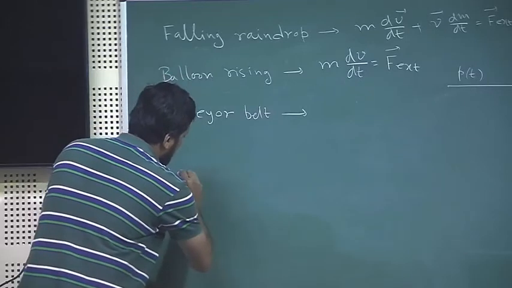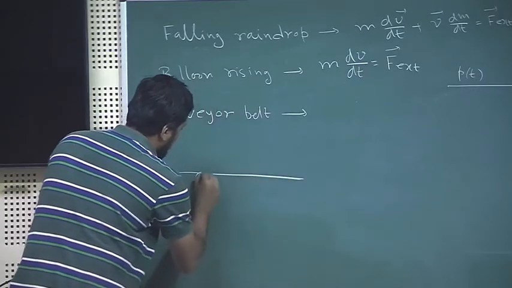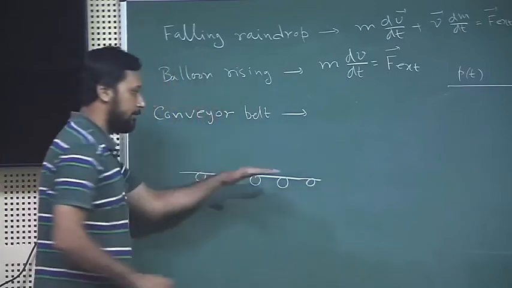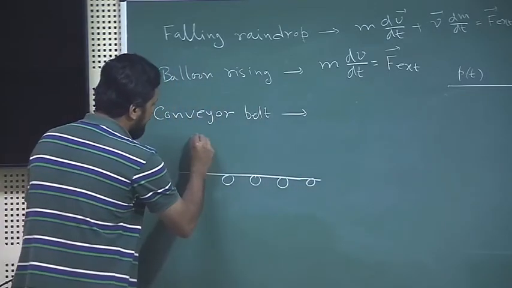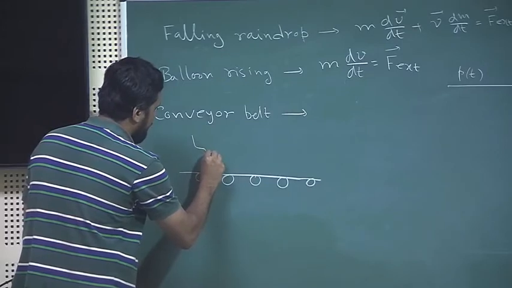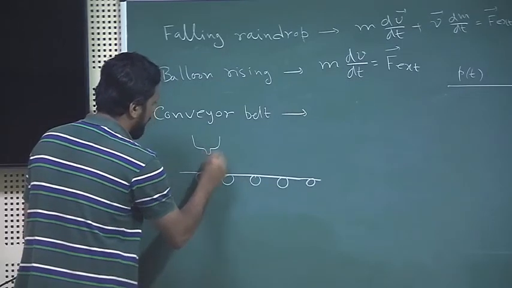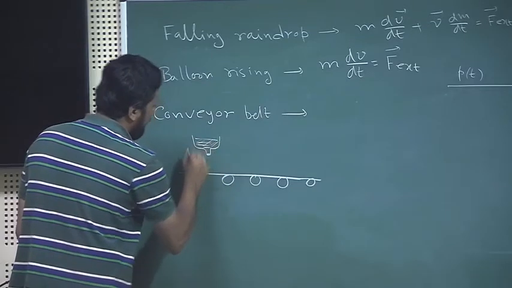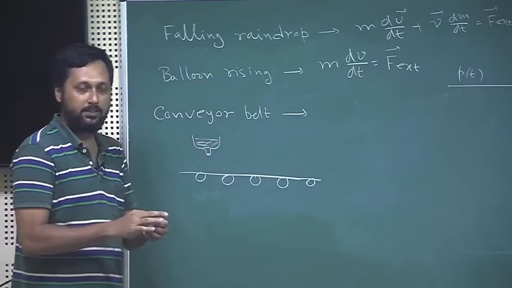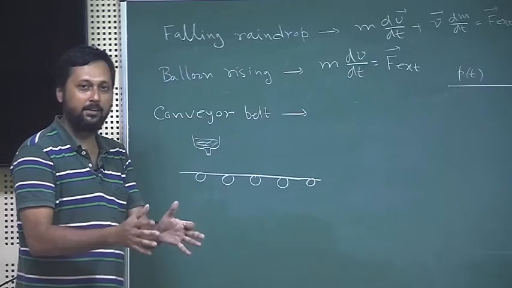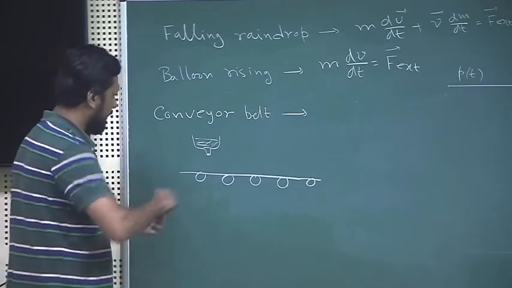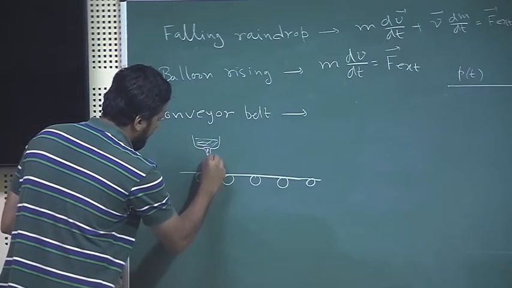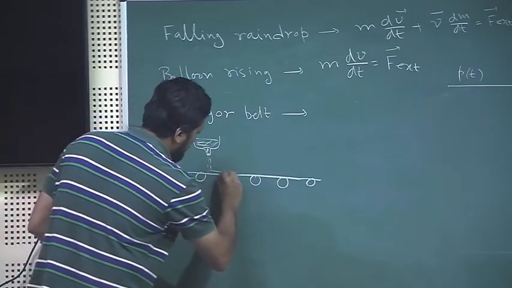Let us say there is a belt which runs on, we are assuming, frictionless rollers, and let us assume there is a stationary hopper. A hopper is essentially the object used at different construction sites for mixing cement and sand together. And let us say this particular hopper is dropping sand on this conveyor belt, which moves along.